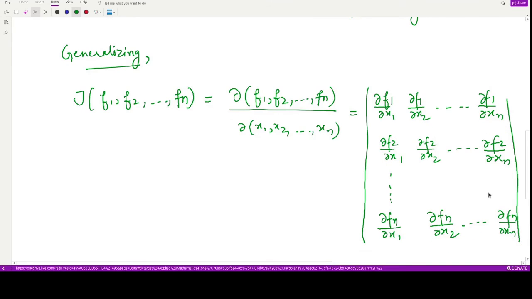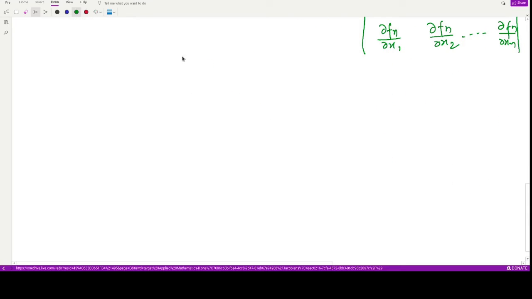Next we'll see certain properties of Jacobians.